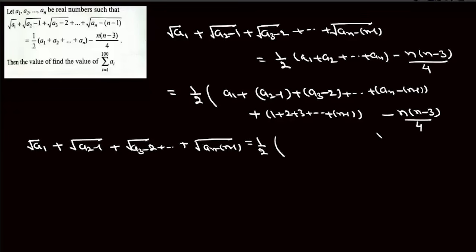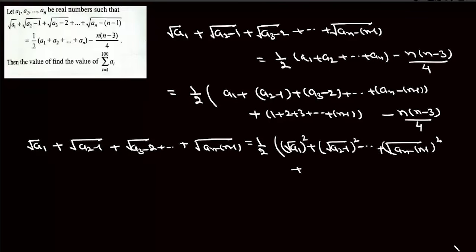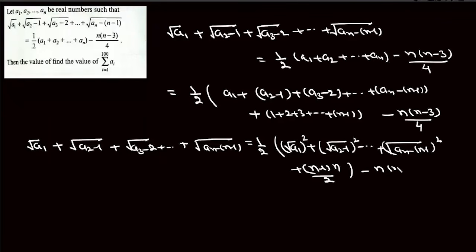We'll take 1 by 2 common from everything, and we'll have this under root a1 square plus under root a2 minus 1 square up to under root an minus n minus 1 square, and here will be n plus 1 by 2. So it will be n minus 1 n by 2 minus n minus 3 by 4.